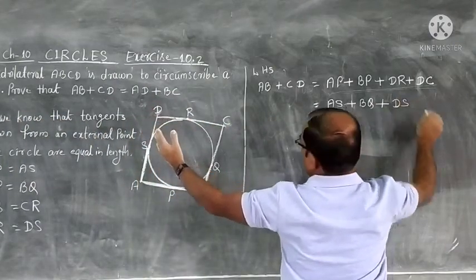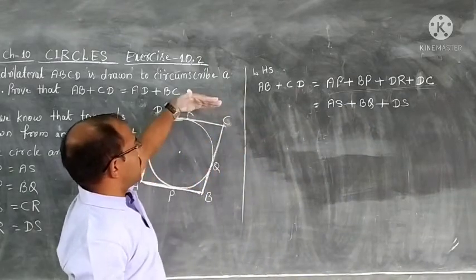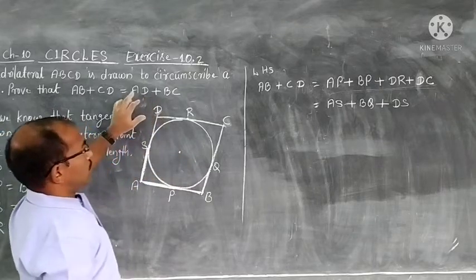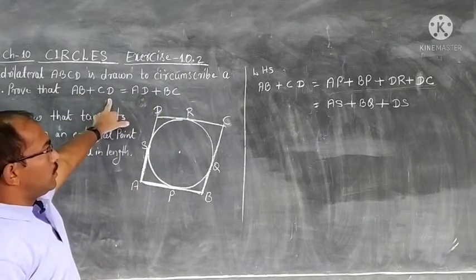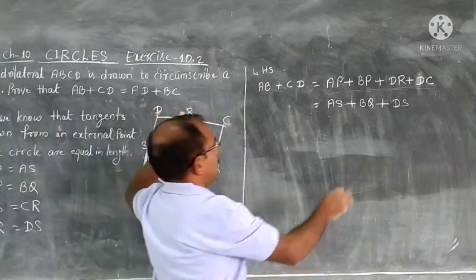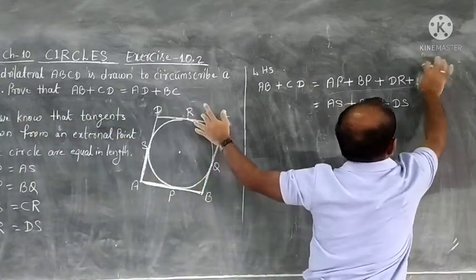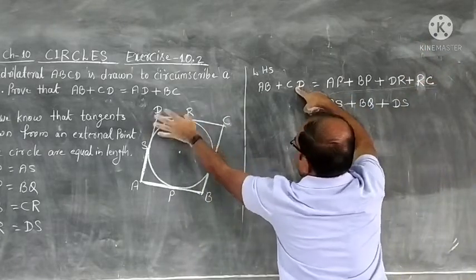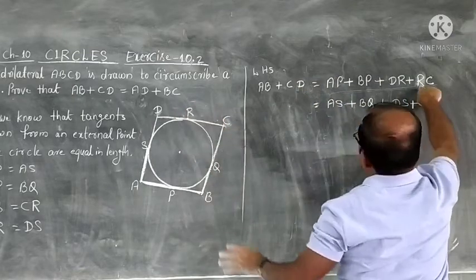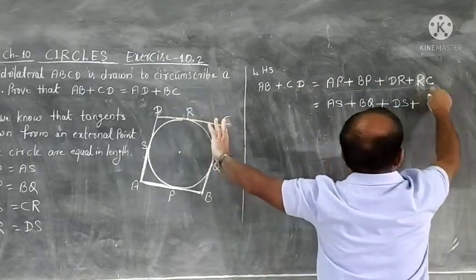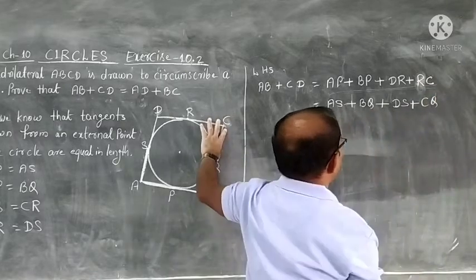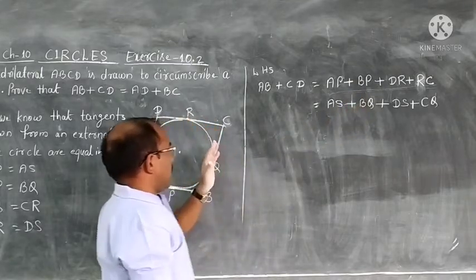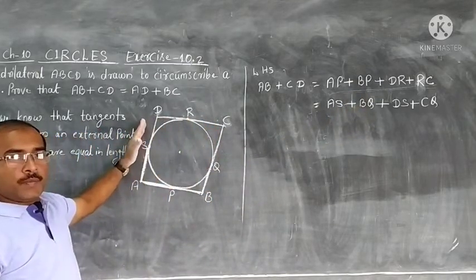So we wrote DS. Then next is RC, it will be this, and CD is DR plus RC. Now we are at RC, we have to come to this side, so this is equal to CQ. So we have changed AP, BP, DR and RC accordingly to come to these two sides.